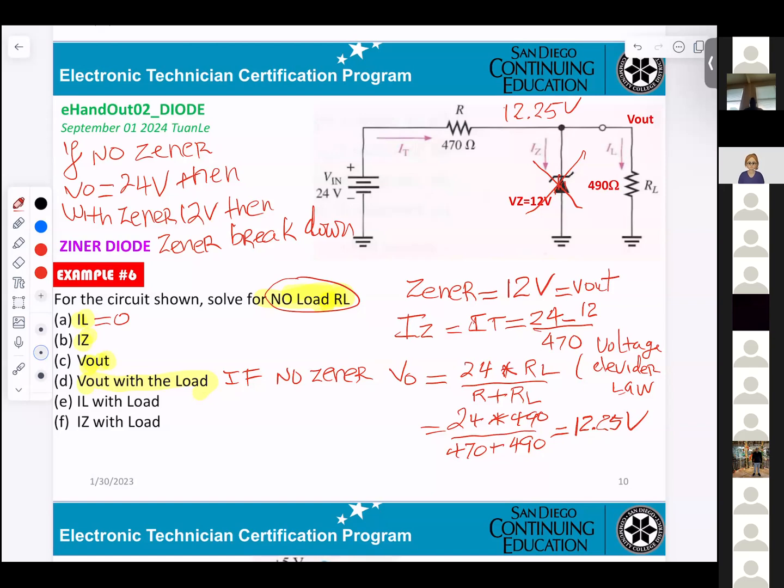Well, 12.25 is a little bit over the 12 volt Zener breakdown. Perfect. The thing is the V out equals 12.25 volts compared to the zener only 12. So the zener is in breakdown. So they're telling you the output now will be 12 volts.